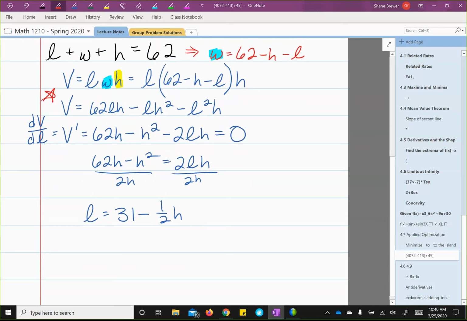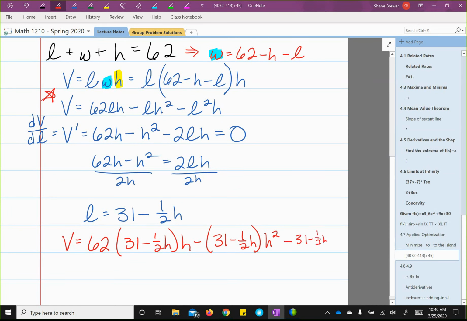For L, if I want to maximize it, I plug that value in for L. So it's going to be 62 times 31 minus 1/2 H times H minus 31 minus 1/2 H times H squared minus 31 minus 1/2 H squared times H. So I just plug that in for all of these L's, right?